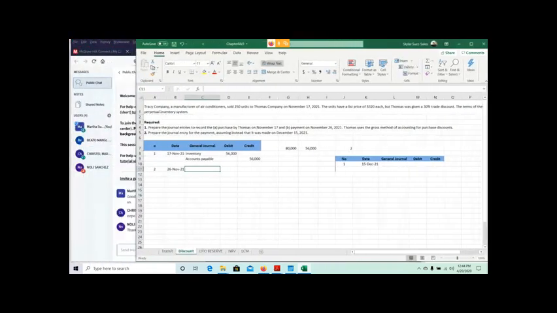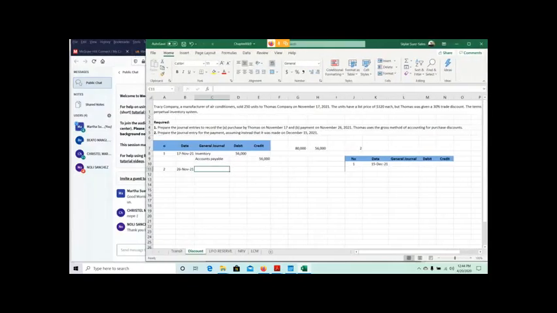So 3% if it's paid within 10 days. And we met the 10-day discount stipulations. So we are going to pay less than the 56,000 because we met the discount terms. The cash that's going to be disbursed is going to be 97% of the original purchase.